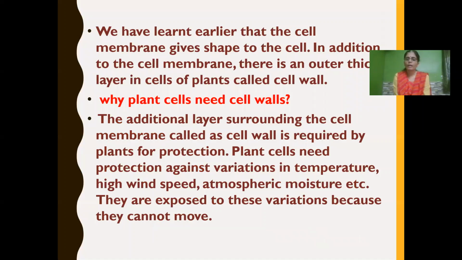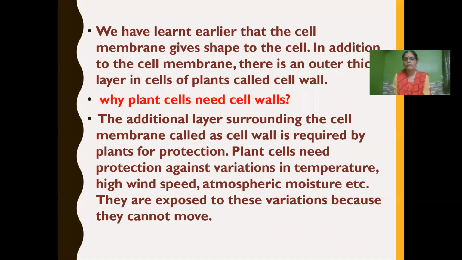We have learned the function of the cell membrane. It gives shape to the cell, isn't it? In addition to the cell membrane, in the cells of plants there is an outer thick layer, which we call the cell wall. Now the question is, why do plant cells need a cell wall?